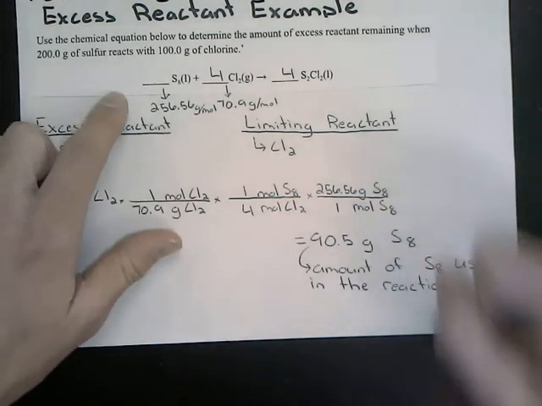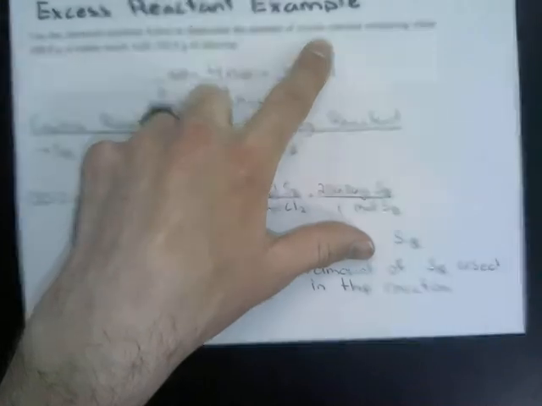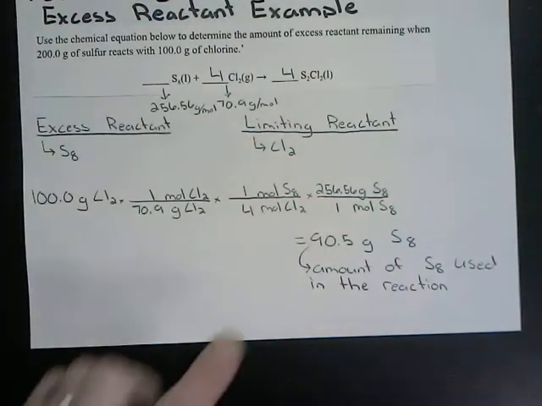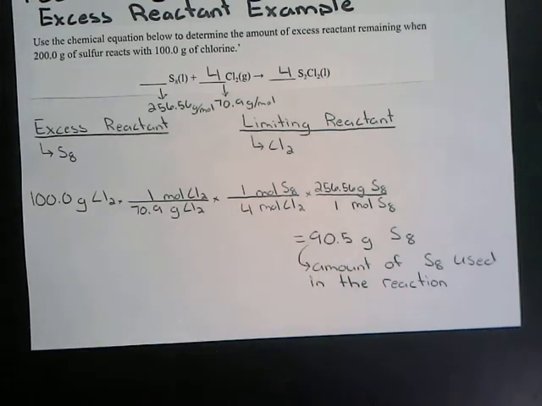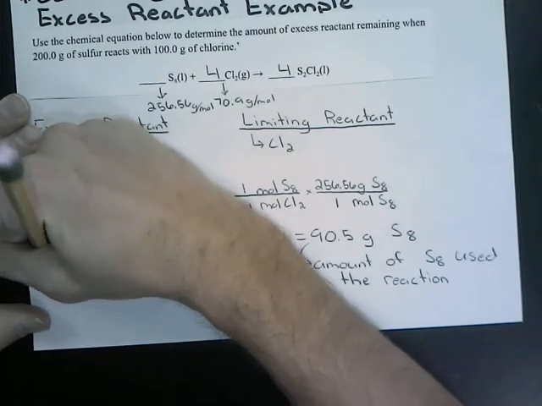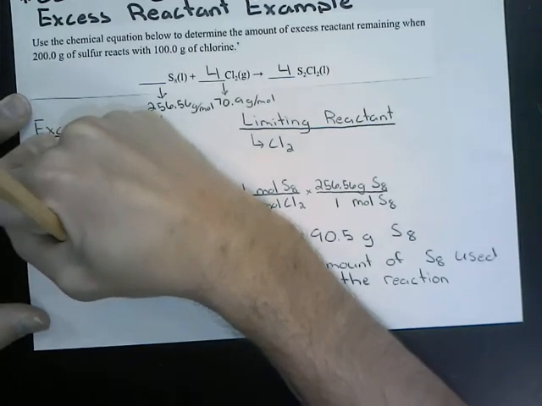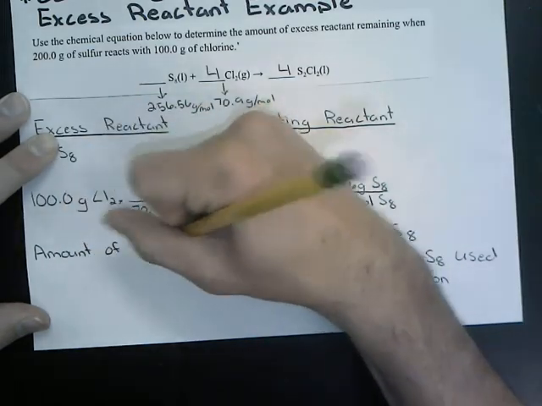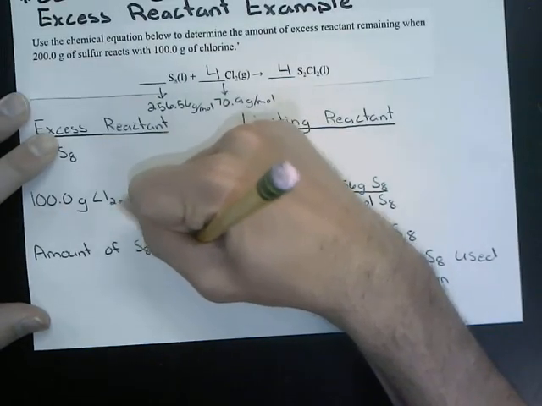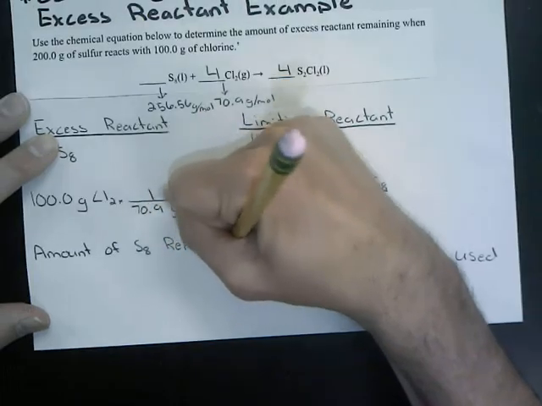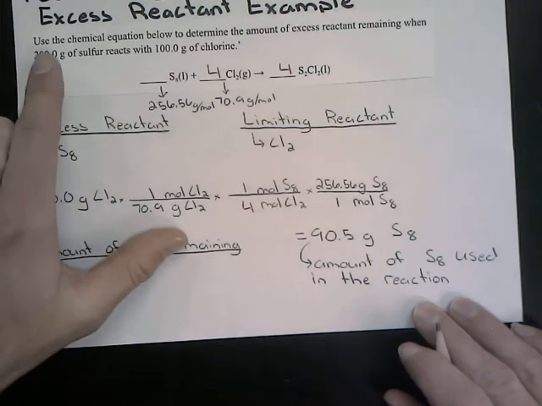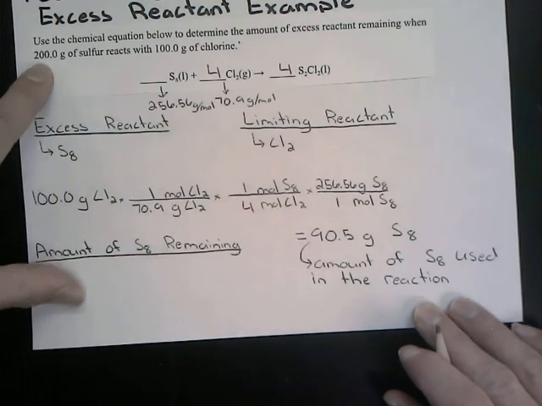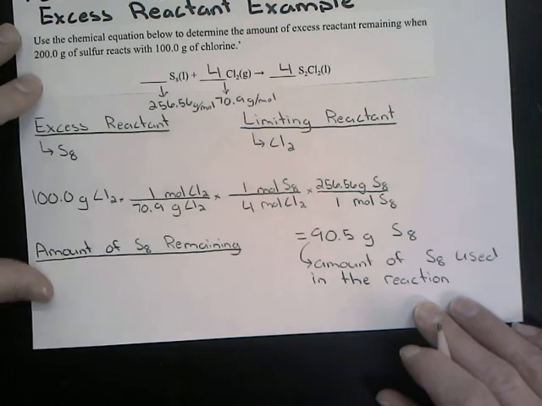But the problem says, all right, determine the amount of excess reactant. So we want to know if we use this much excess reactant, we want to know how much S8 remains. So what I'm going to do here, amount of S8 remaining after the reaction goes through, we need to figure out how much S8 is remaining. So what we do, we always put out the amount we started with of sulfur.